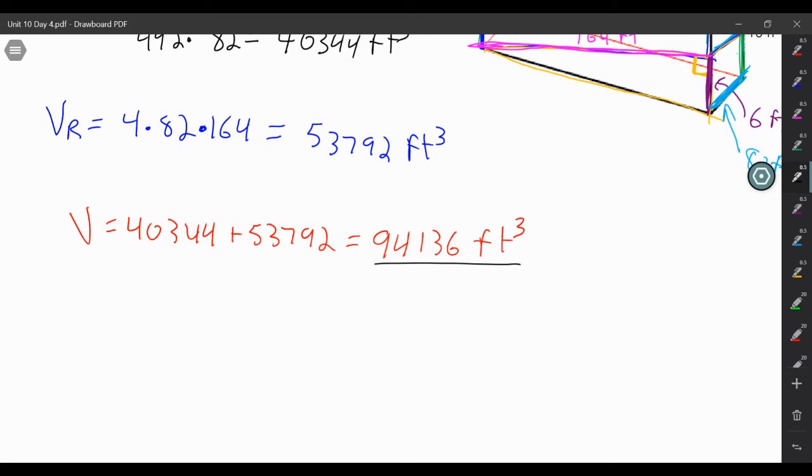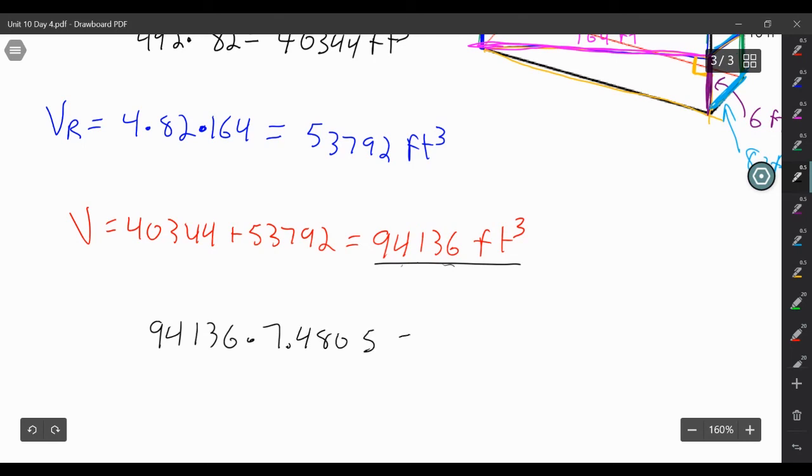We want to figure out how many gallons are in 94,136 feet. So 94,136 times 7.4805, and that gives us 704,184.348 gallons. So that is how much water there is in this pool.